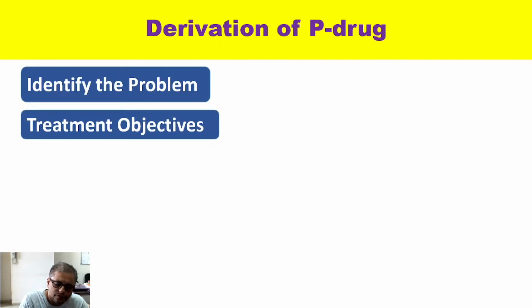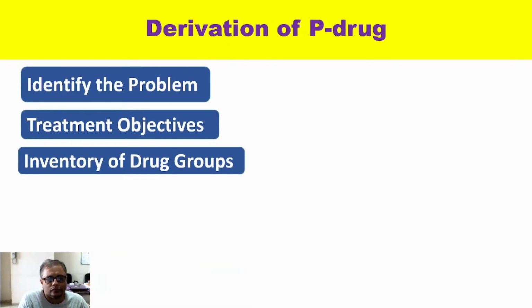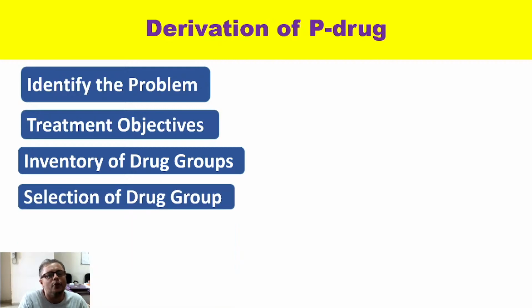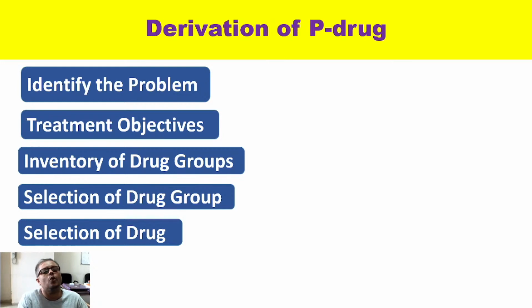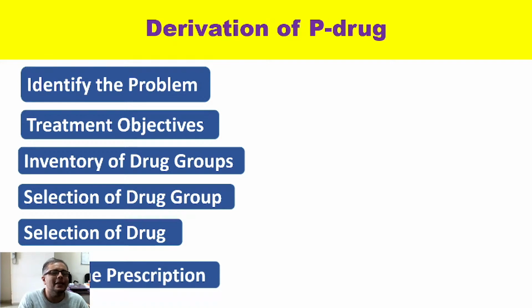After that, to fulfill these objectives, you have to make the inventory of drug groups: which drug groups are effective, amidst different drug groups which group you will select, and after selection of the drug group, which drug you are going to select. And lastly, you have to write the prescription.